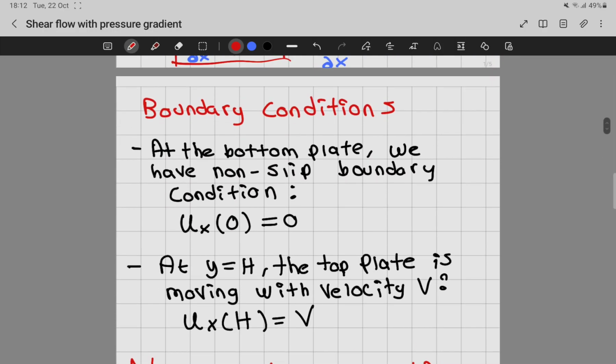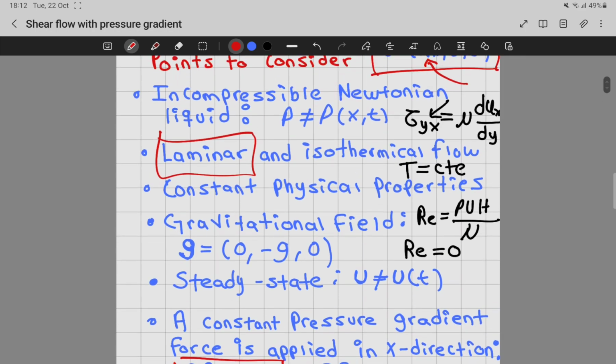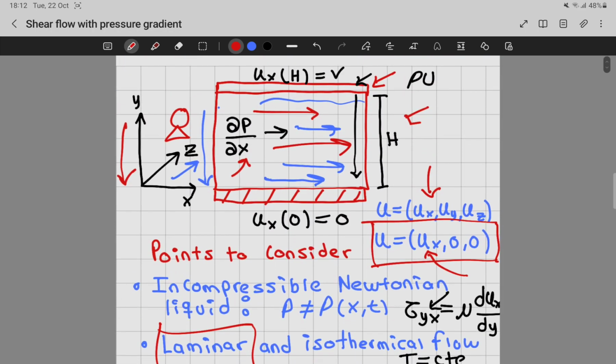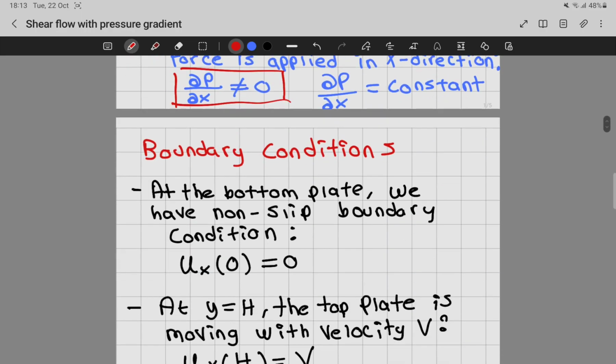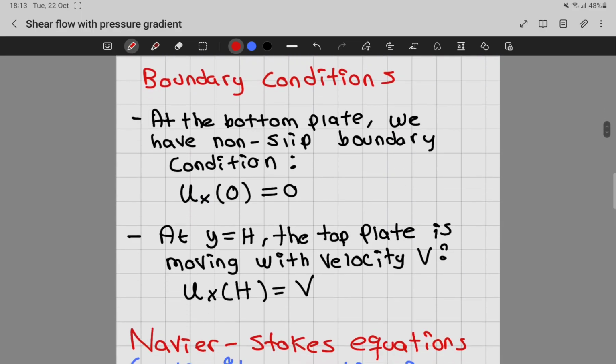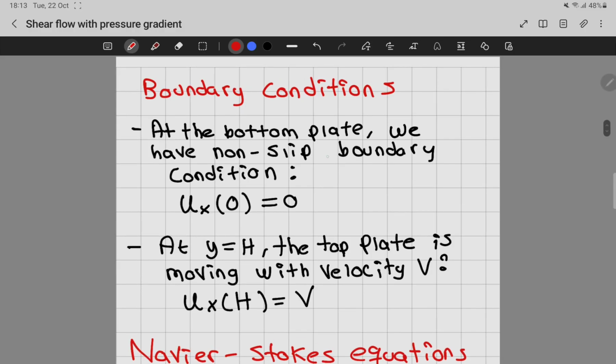So now boundary conditions. The boundary conditions for this problem are actually the same as for the simple shear flow, because the pressure gradient is only going to be a source term, including a new source of movement into the flow. At the bottom plate we have non-slip boundary conditions.